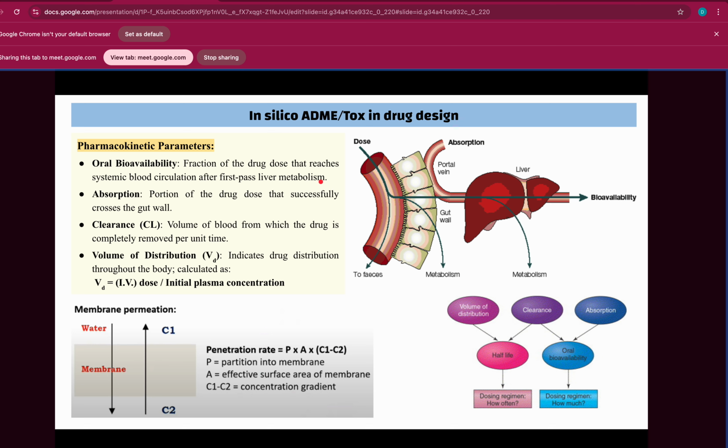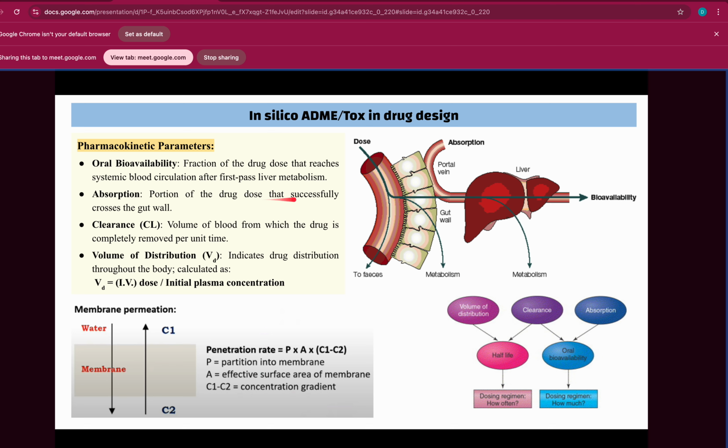As we take the drug, it will go to the liver where it will get metabolized, and how much concentration reaches the systemic blood circulation tells you the bioavailability of your drug. If bioavailability is poor, for example, if in metabolism it is getting excreted out and not reaching the systemic blood, then that drug is not a suitable candidate. Then comes absorption.